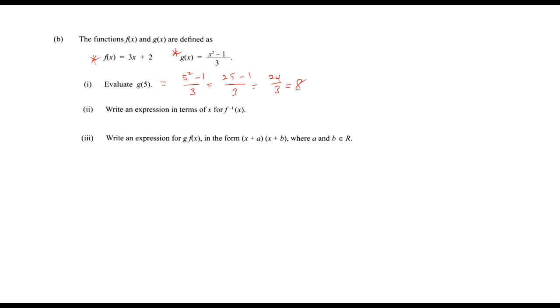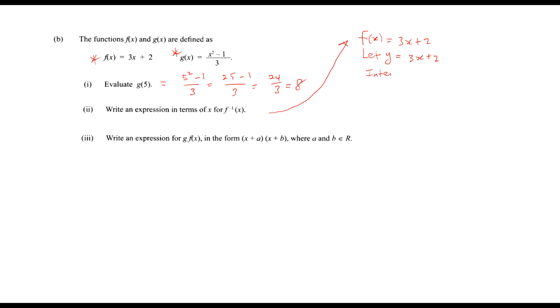Then the next part is to find the inverse of f, right? So we start off by writing f of x is equal to 3x plus 2. Your next step is to let y equal 3x plus 2. Your next step is to interchange x and y.